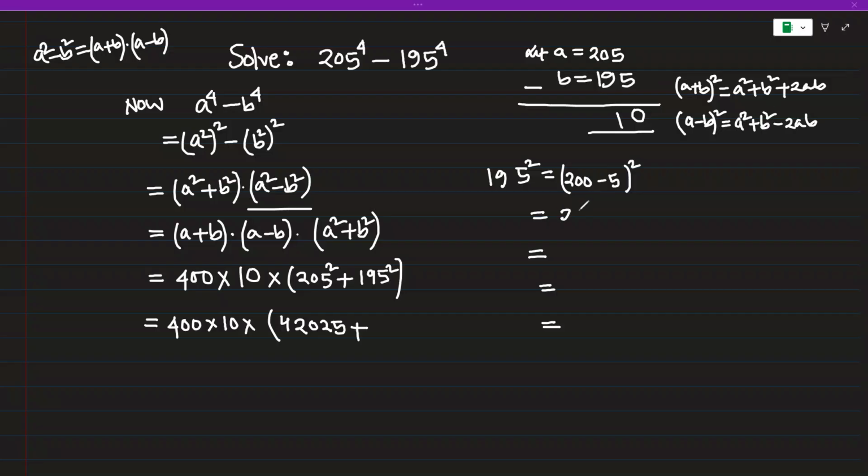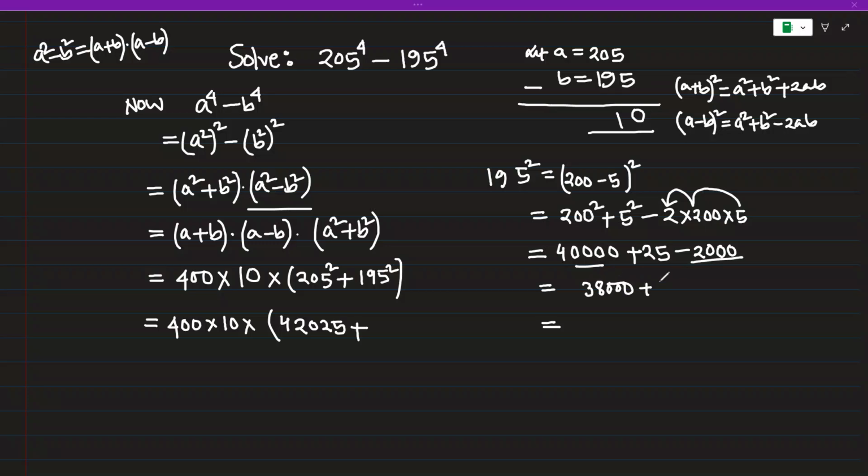So we can write that 200 square plus 5 square minus 2 times 200 times 5, 200 square, we already got 2 times 2, 4, and then 0, 0, 5 square, 25, minus 5 times 2, 10, times 2, 20, and then put 2, 0, so 40,000 minus 2,000, we got 38,000 plus 25.